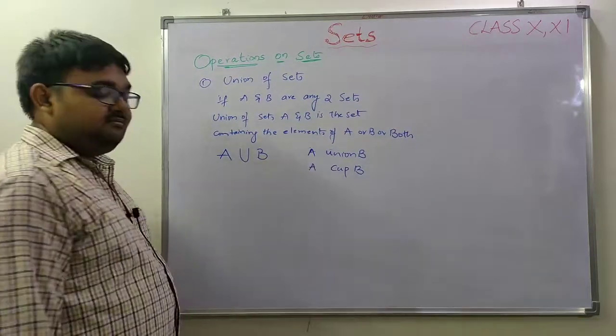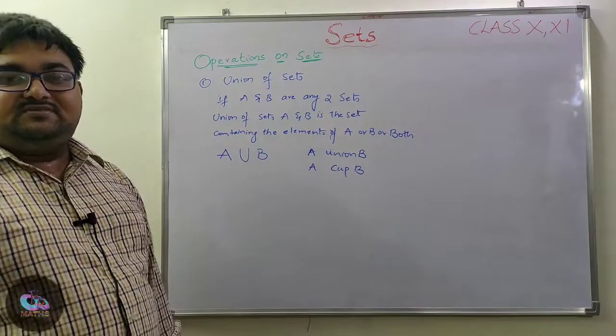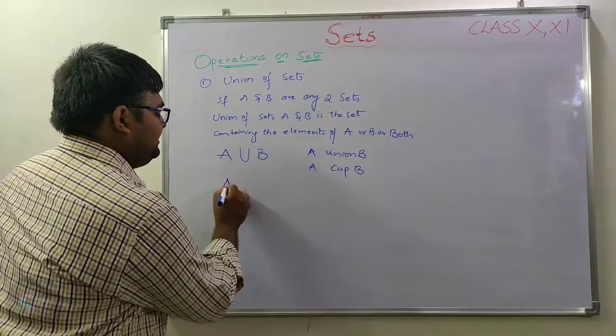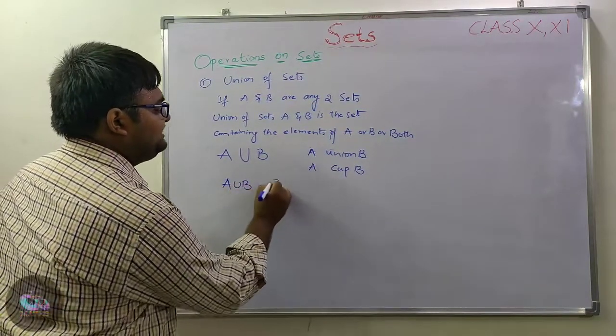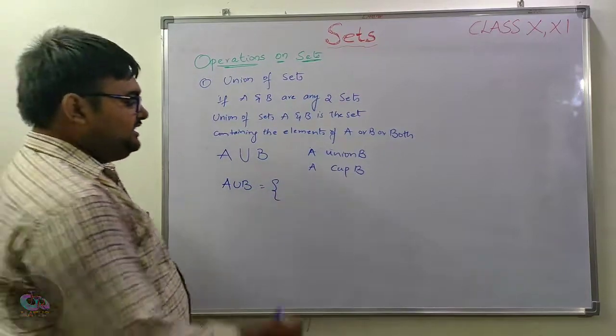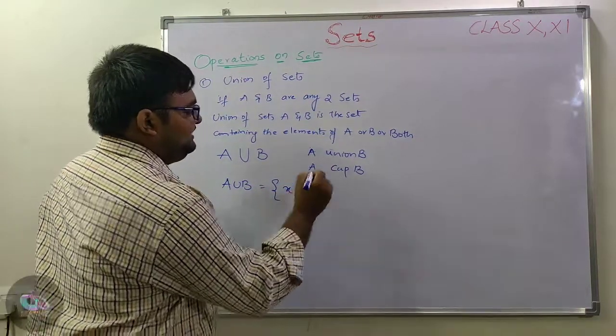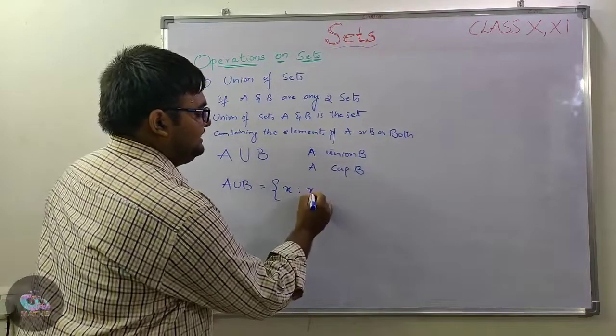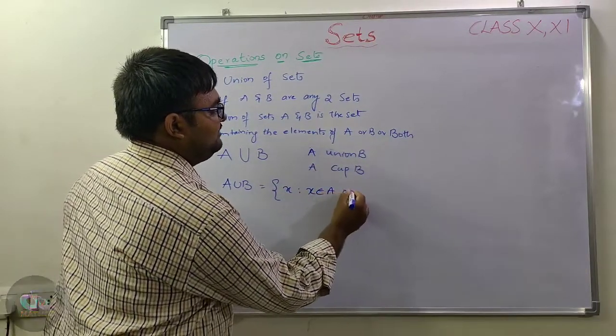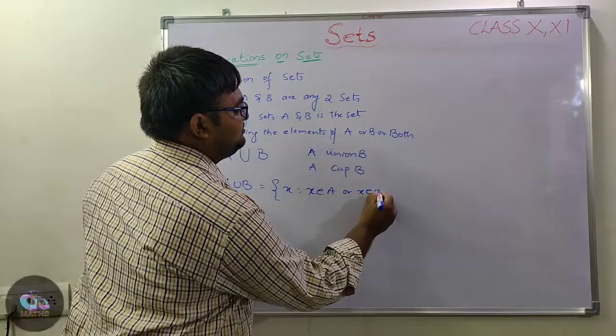Now let us see the set builder representation of this particular set. So A union B is represented by set of x such that x belongs to A or x belongs to B.